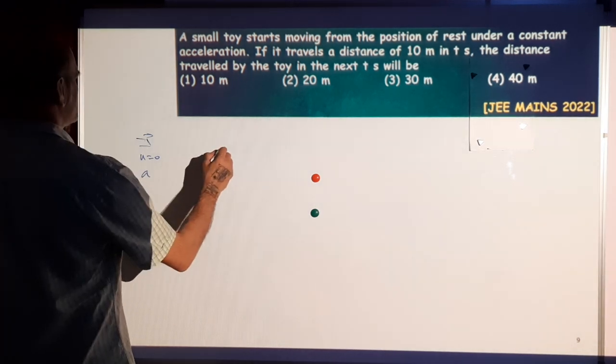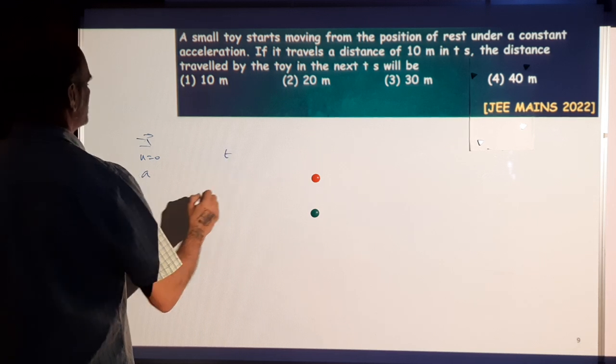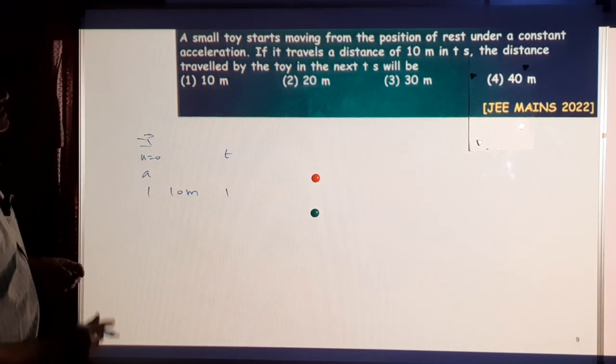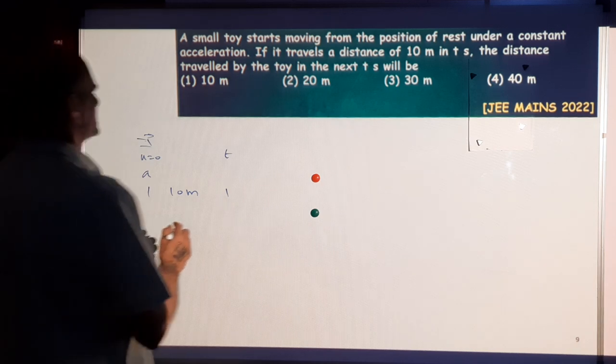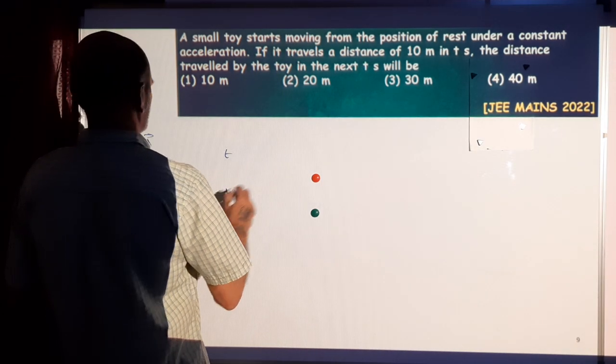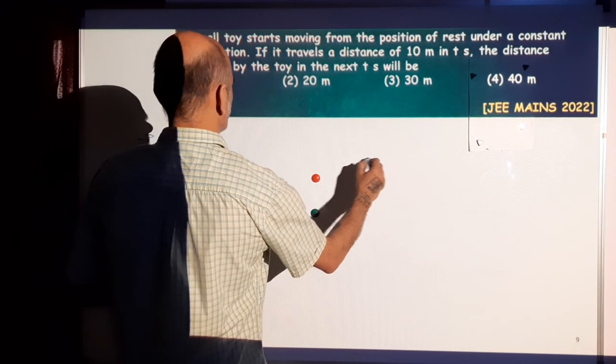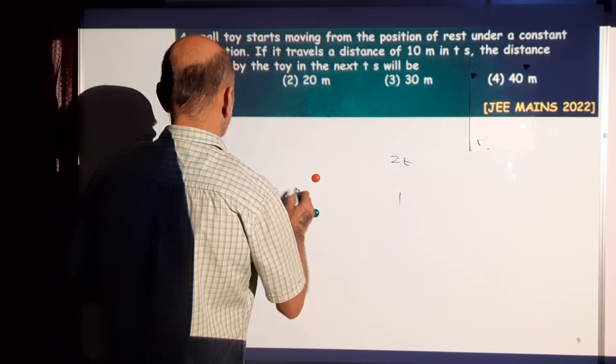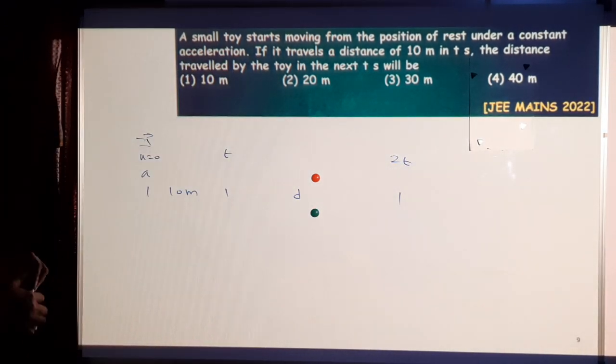In t seconds, the distance moved is 10 meters. In the next t seconds, say up to 2t here, the distance moved will be something else that we have to find out.